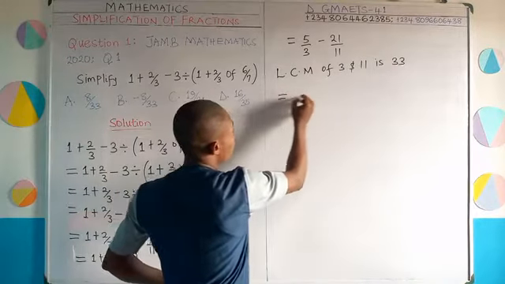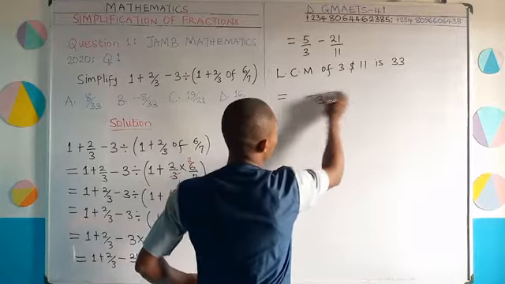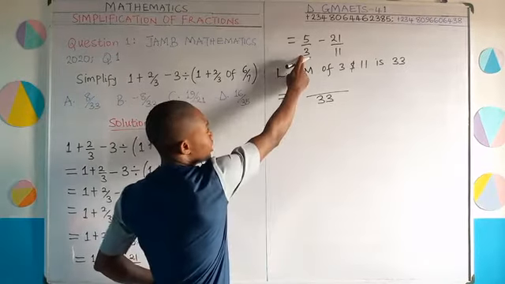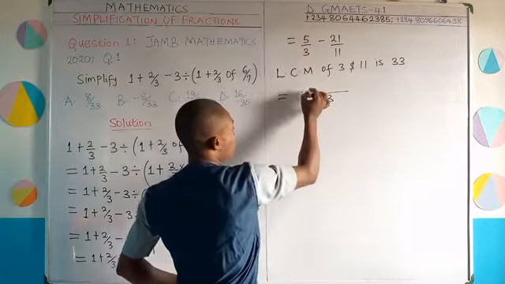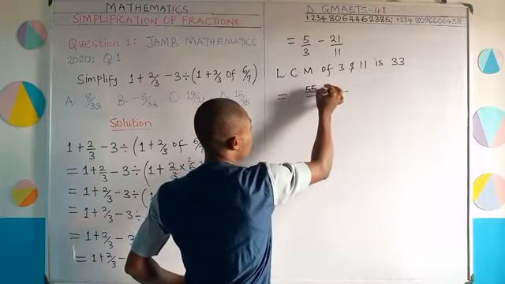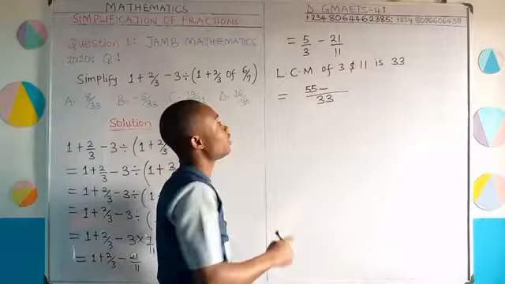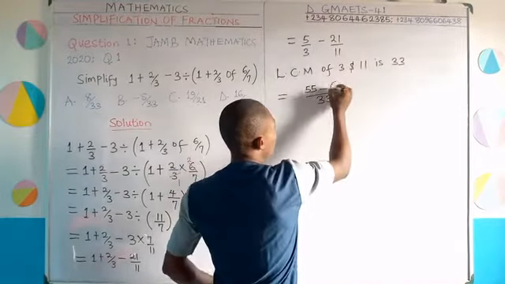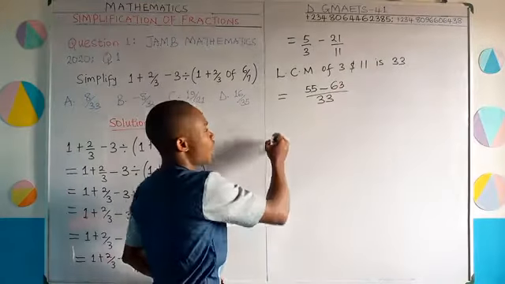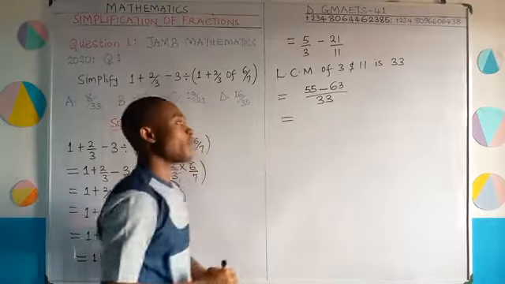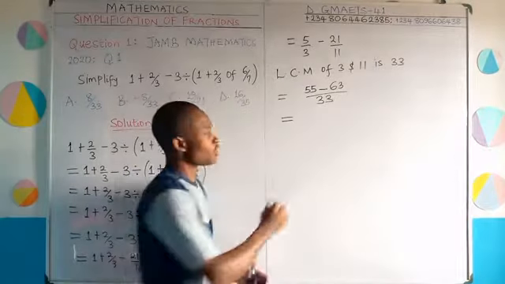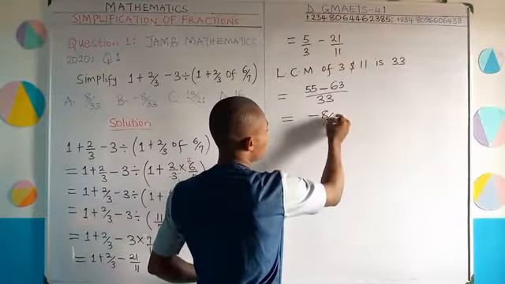So this will now be equal to the LCM, which is 33. 33 divided by 3 will give you 11. 11 times 5 is 55. Then minus 33 divided by 11 will give you 3. 3 times 21 will give us 63. And if you do this, 55 minus 63, it's going to give us minus 8 over 33.